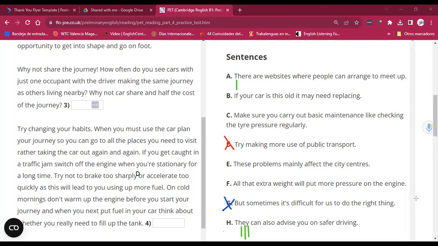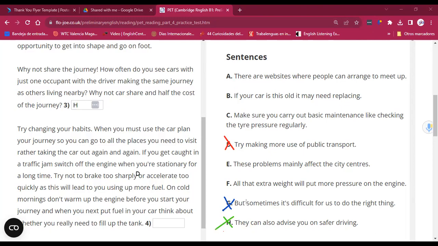Letter H. Okay, so let's write letter H because most of you said letter H. Let me delete this here. So letter H is over.